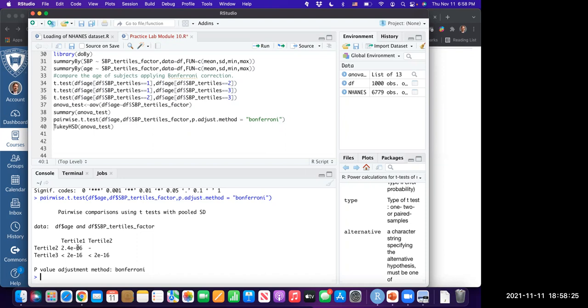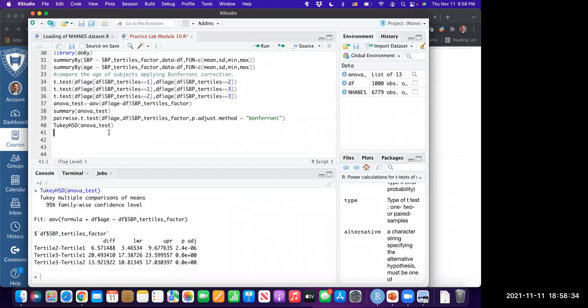You see here the respective p-values in the pairwise comparison. And this is essentially the code for a Tukey HSD, the honest significant difference test. Again, it gives you the upper and lower limits of your confidence intervals and allows you to do a pairwise comparison.